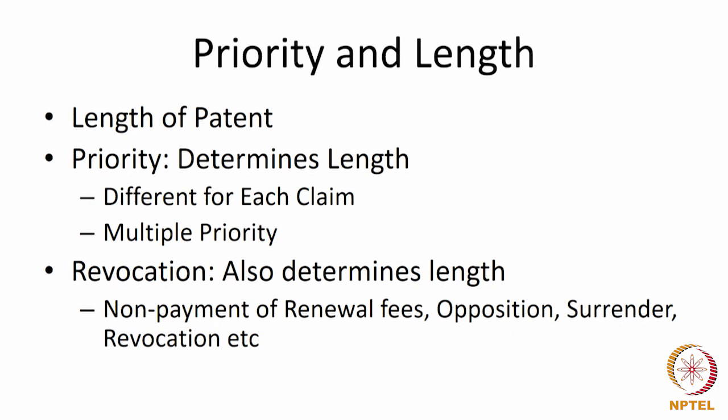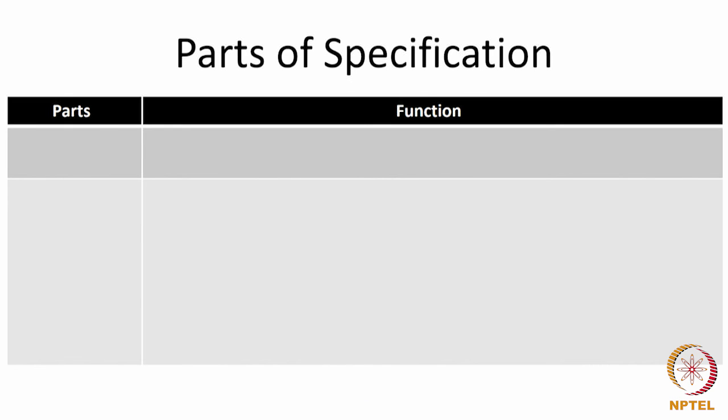The length of a patent may get shortened even if the renewal fees are not paid on time. Then we would say that the patent has lapsed. If there is opposition, then the patent term may, again, the length may shorten, or if the patentee voluntarily surrenders the patent, or if it is revoked in proceedings. Now these are multiple instances where the length of the patent can be affected.